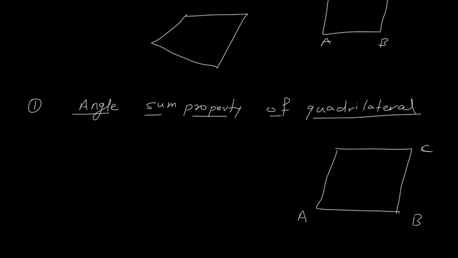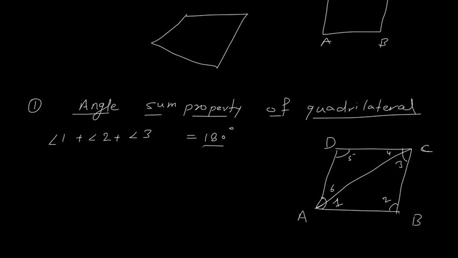So if I draw a quadrilateral ABCD, then the sum of angle A plus B plus C plus D is equal to 360 degrees. We can prove this by dividing this quadrilateral into two triangles. Now in triangle ABC, if I mark these as angle 1, angle 2, angle 3, and angle 4, 5 and 6, then the sum of angle 1 plus 2 plus 3 is 180 degrees.